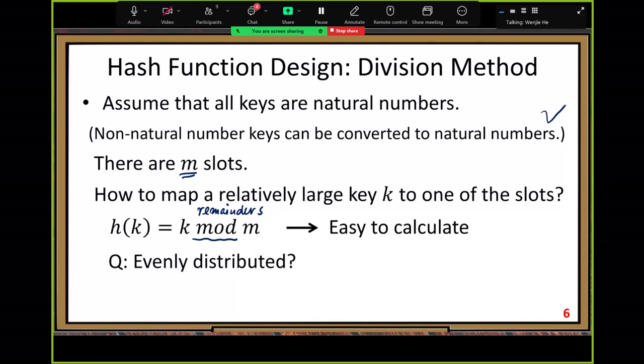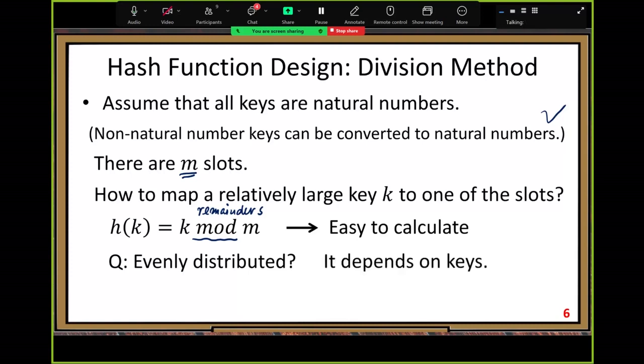It may not be evenly distributed. So it's simple, but it may not be robust. Although it is simple, usually this method is not very robust. Later I will show you some example, some special patterns that can break this method easily.